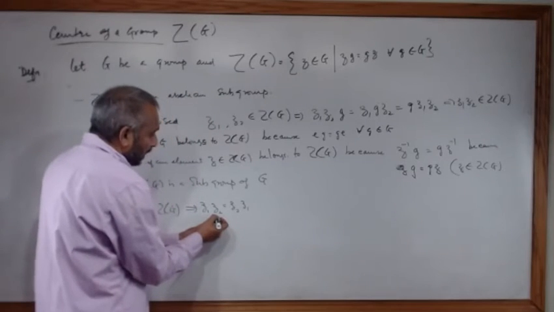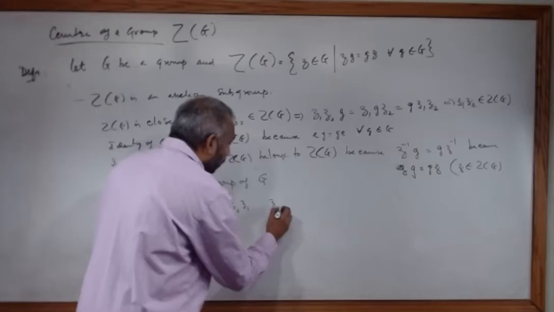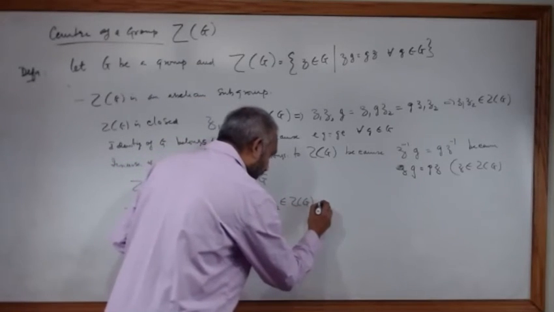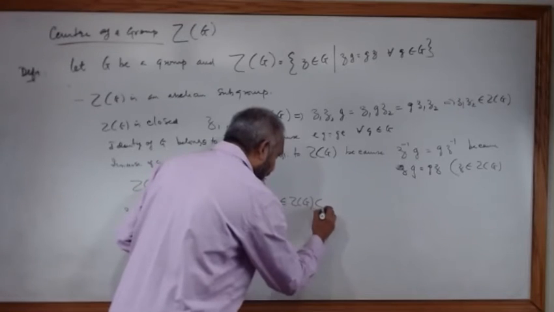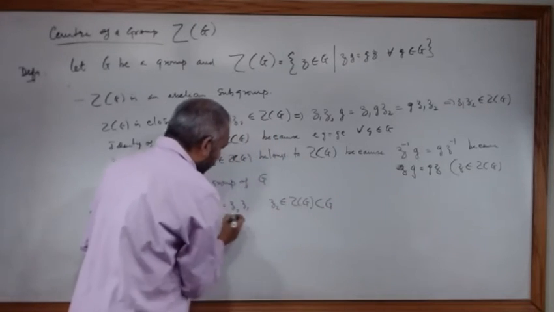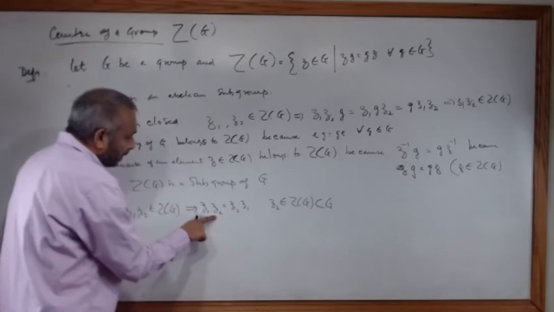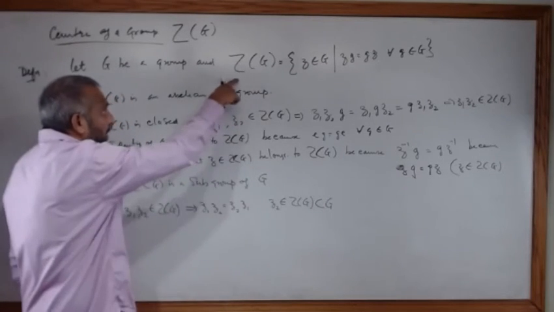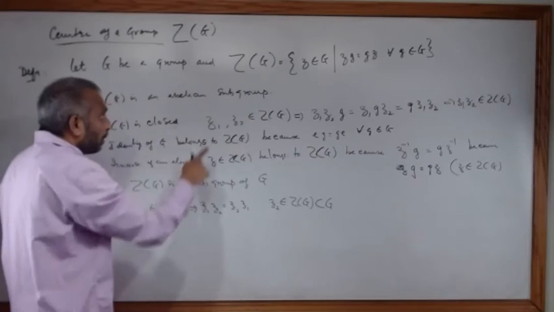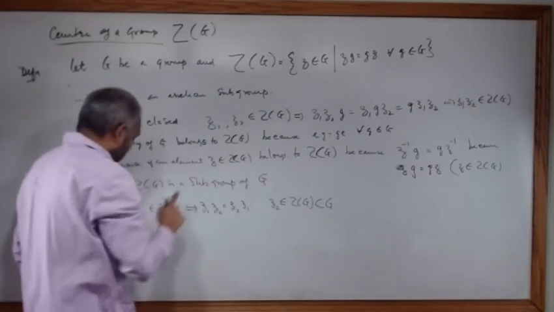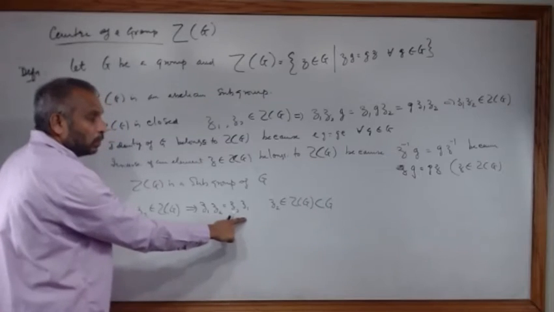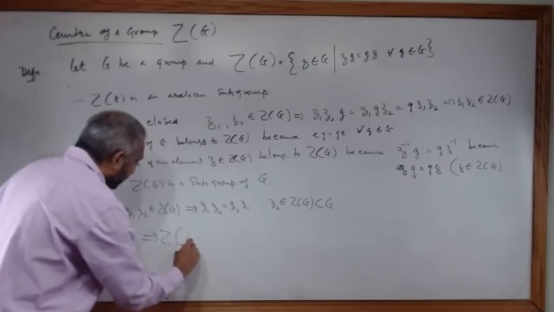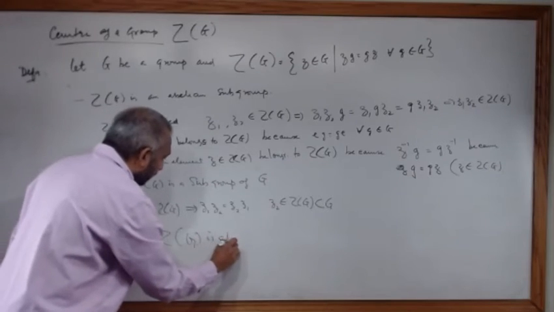Here what you are using is z2 belongs to Z of G, which is a subgroup of G. So we are replacing z2 with g, and that matches with the condition of Z of G. So with this condition, this is definitely an abelian group. This implies Z of G is abelian.